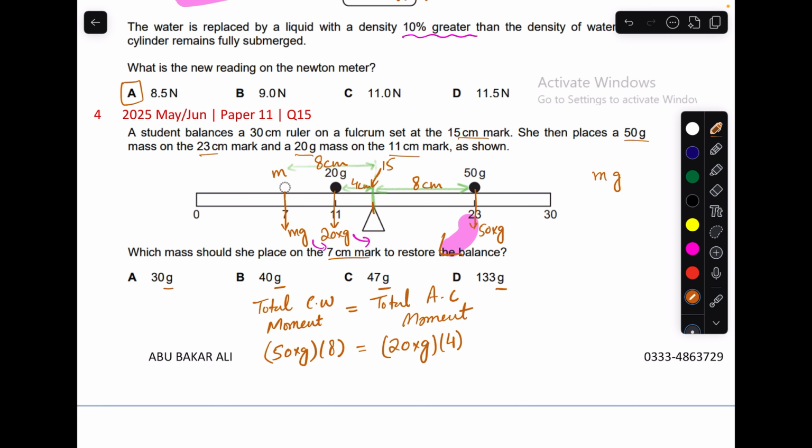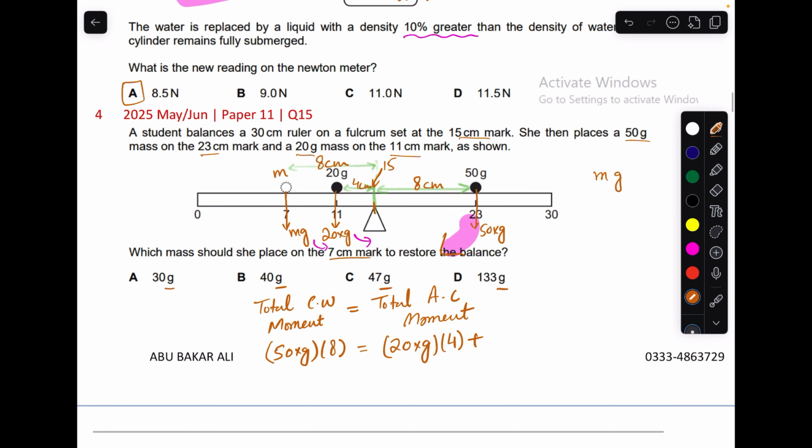Then again plus mass m multiplied by g, and the distance is 8. If you see, the g is common in all of them, so if you take the g common, they will be cancelled out. What does it mean? Instead of force, you can simply multiply with the masses as well. It will have the same answer in that case.